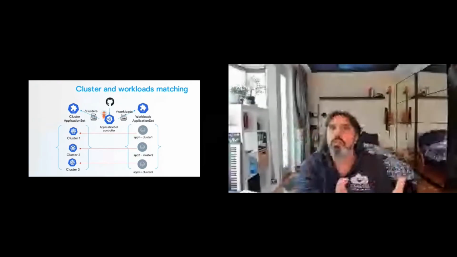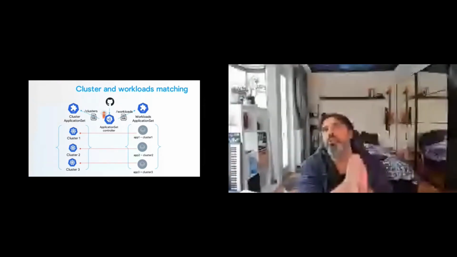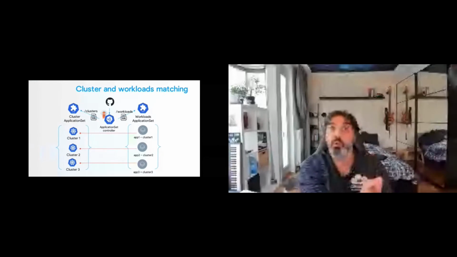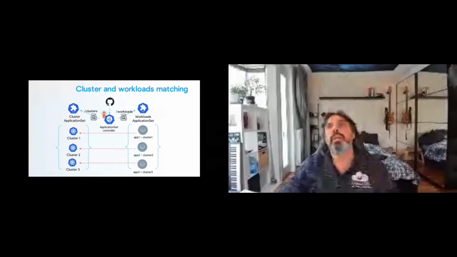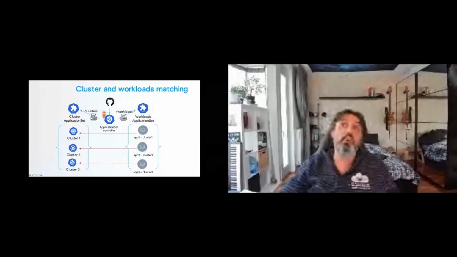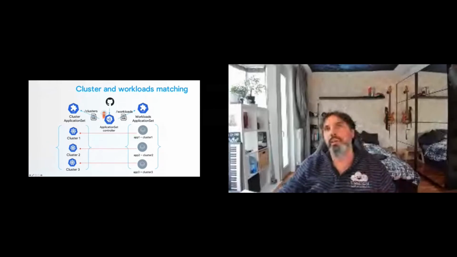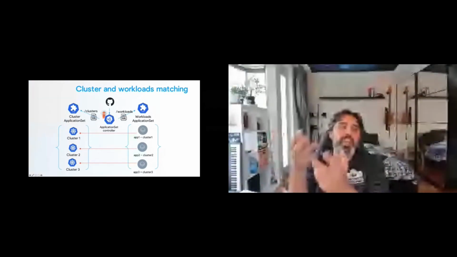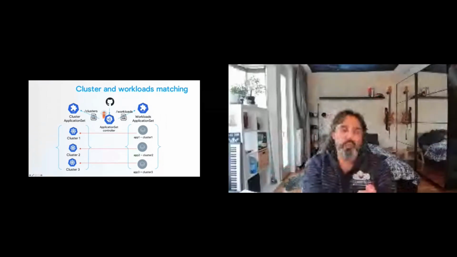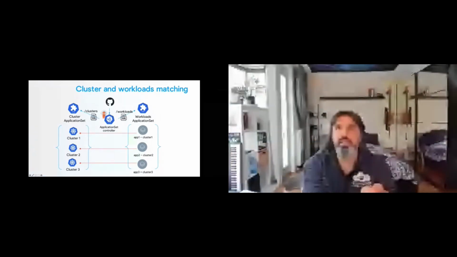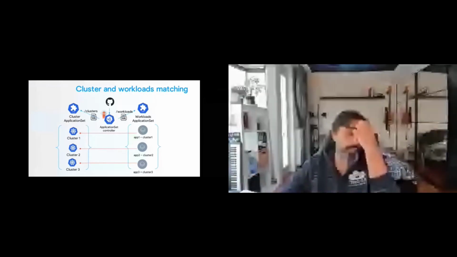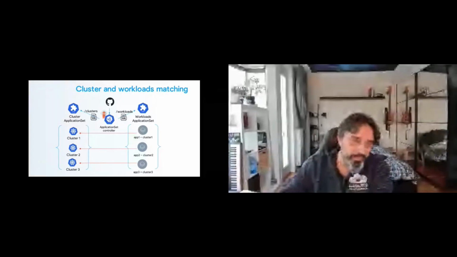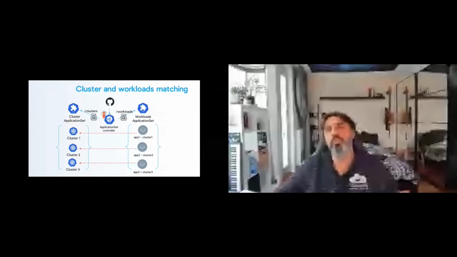One cluster application set looks at the clusters folder and creates the clusters, and then there's another workloads application set that looks at the other folder. In the workloads folder, you match the application to the cluster, right? So ingress with this characteristic goes to cluster 1, and I don't know, cert-manager with these Helm values goes to cluster 2, and so on and so forth.